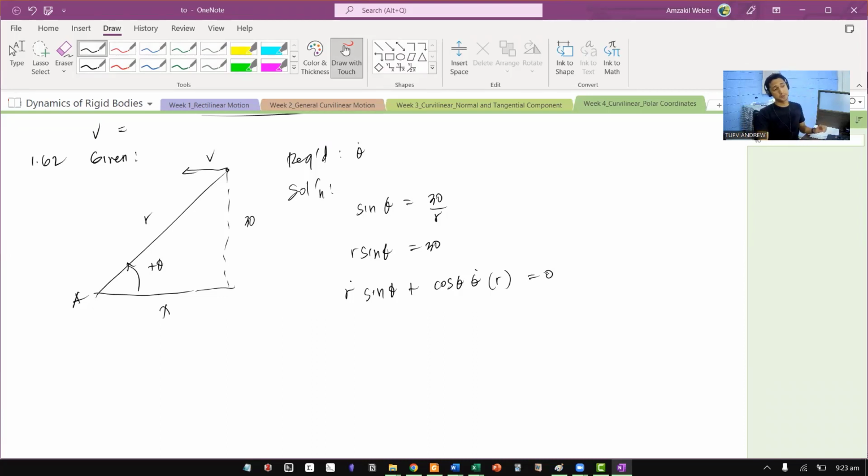Let's analyze it using the polar coordinate system with components. As we can see here, the velocity of the runner is the resultant velocity. If we resolve this into components, this is the V theta and this is the V r, correct? If this is 45 degrees, therefore this is also 45, and this is also 45.